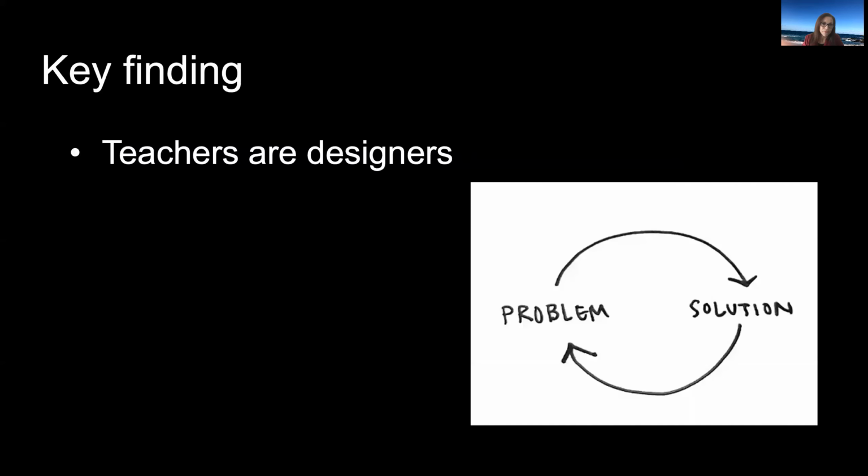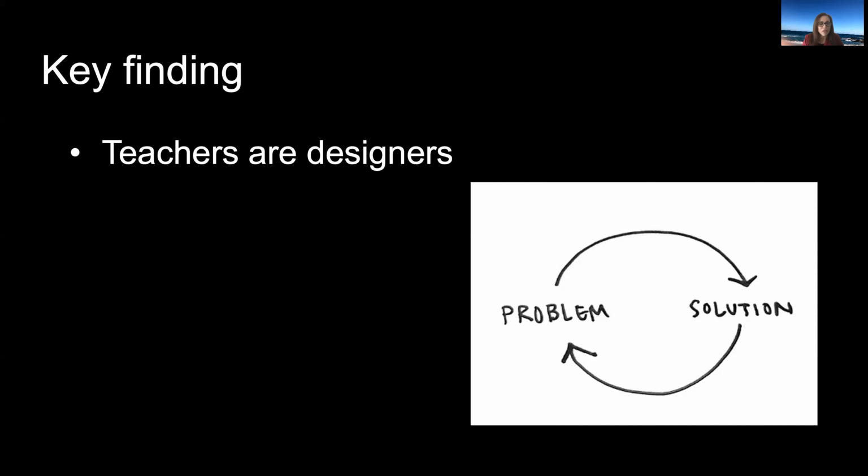What we found by developing this tool is that we really need to know more about how teachers design. So over the past 15 years, we've been researching what school and university teachers do when they're designing. And what we've found is that much of their work is similar to other design professionals like architects, engineers, and industrial designers.